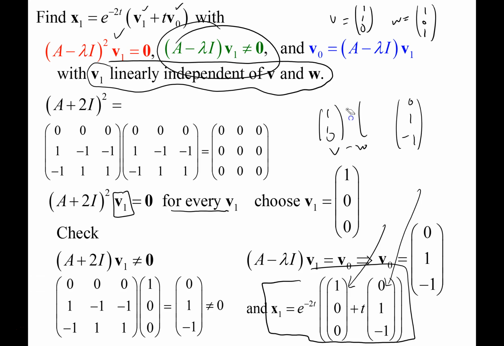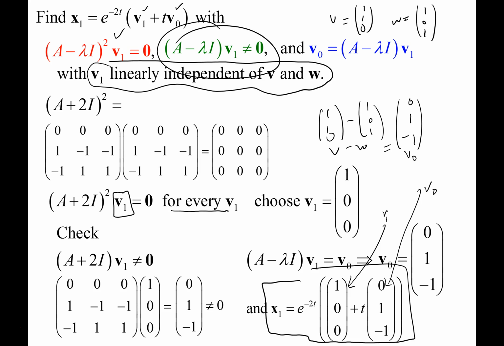If we take away the w, we'll have exactly this vector that we're calling v naught. So v naught is a combination of v and w, but it's the v1 that can't be that. v1 is your generalized eigenvector.